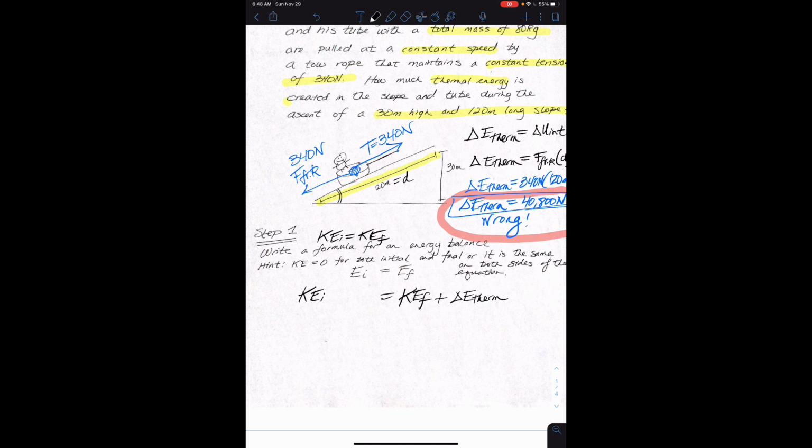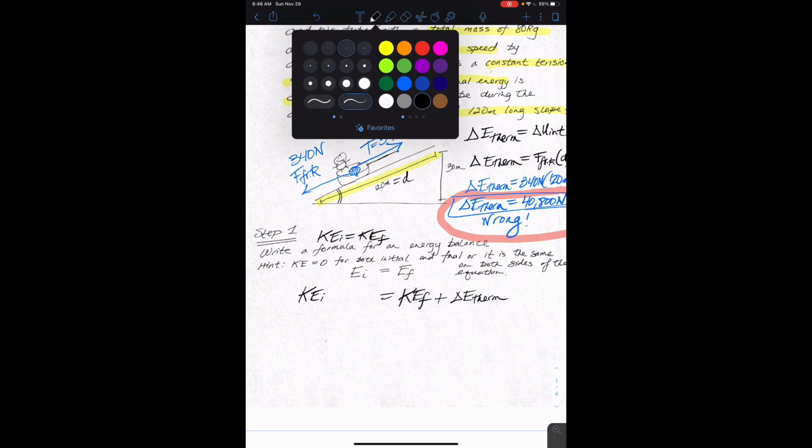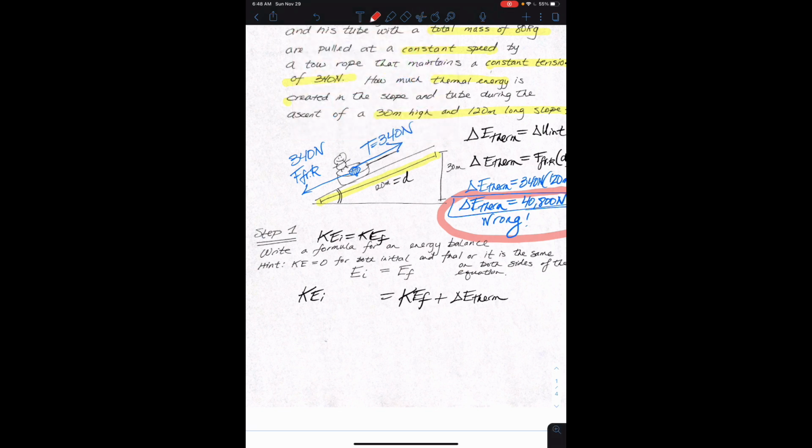So if I'm going to label my system, my system should be the person and tube plus the ground.